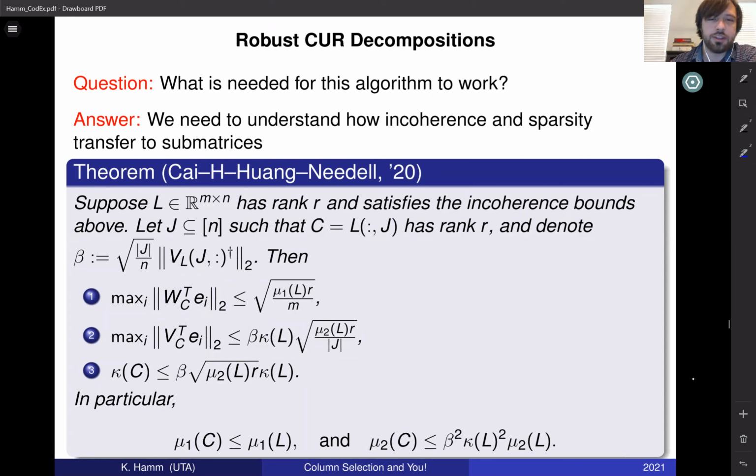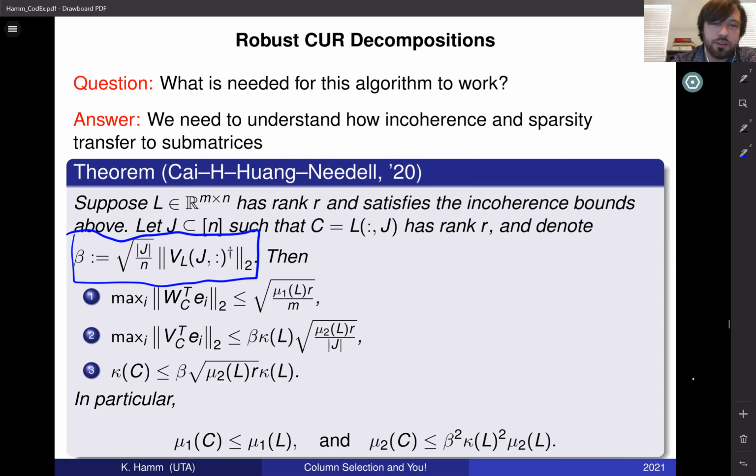This has no reference to how I sample columns, but essentially what this theorem says is, if I make those assumptions on L, so L has a certain incoherence, then this quantity that we call beta tells you essentially everything you need to know about how those properties are inherited by the column submatrix C. Beta is, first of all, the first term is the proportion of columns that you choose.